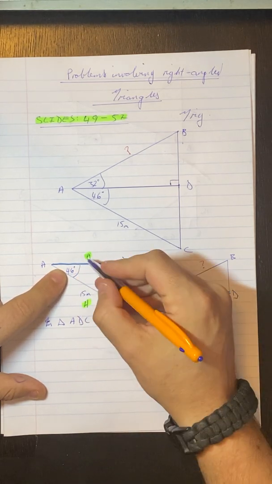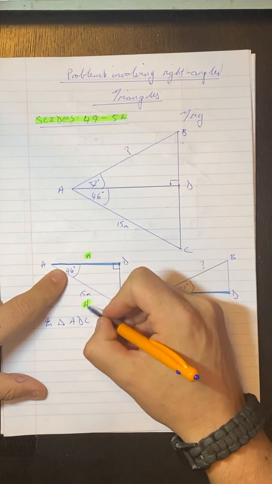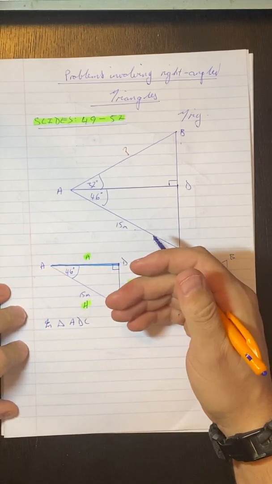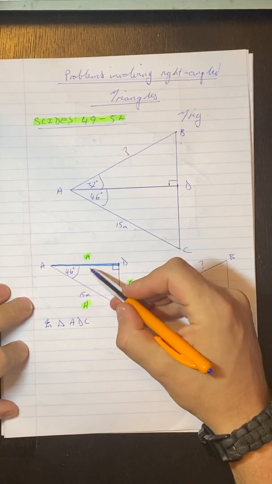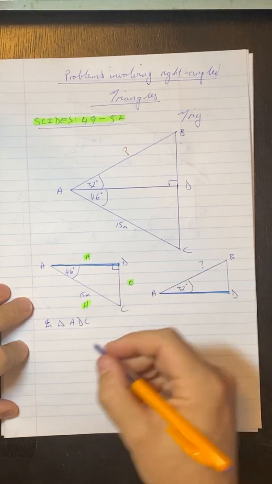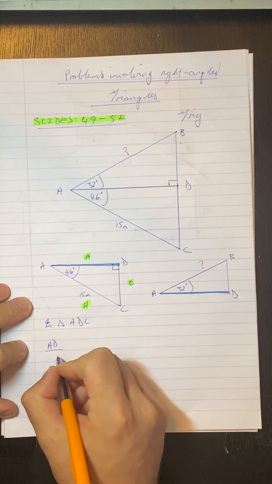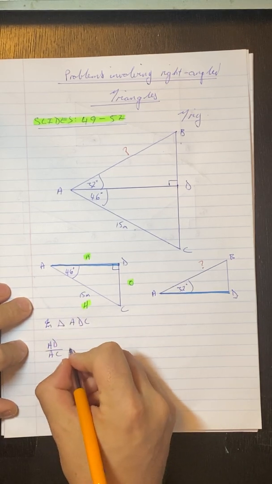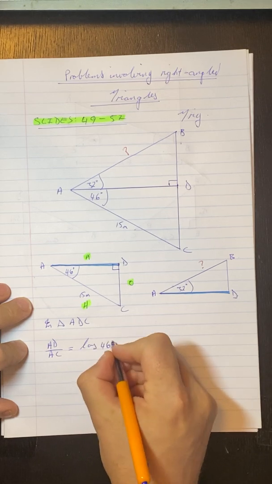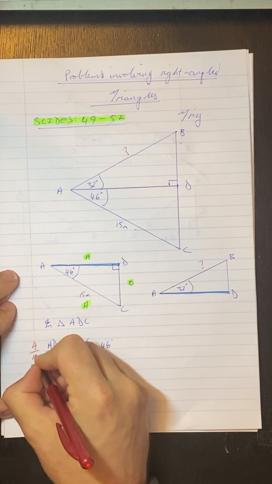So we're looking for a trig function that has that combination of A, H, adjacent, hypotenuse. And if you do your little rhyme, it's silly old hens, cackle and heckle. So it is cos. So we know that AD over AC will be equal to cos 46, because this is A over H.